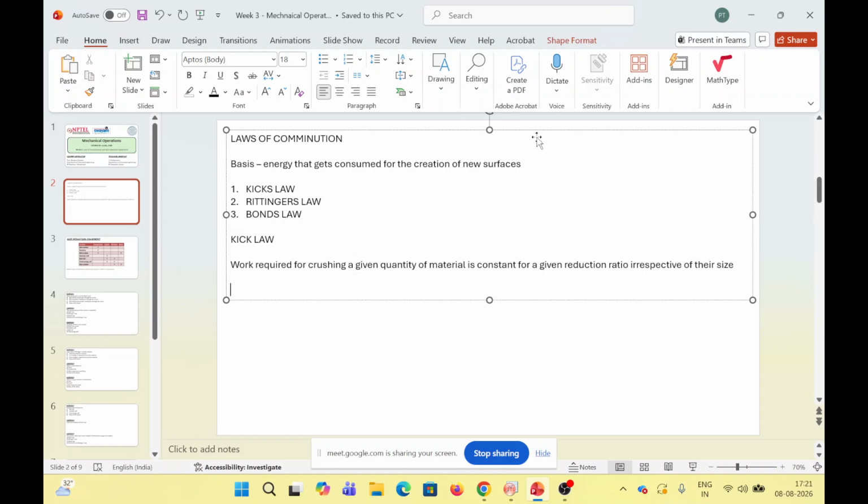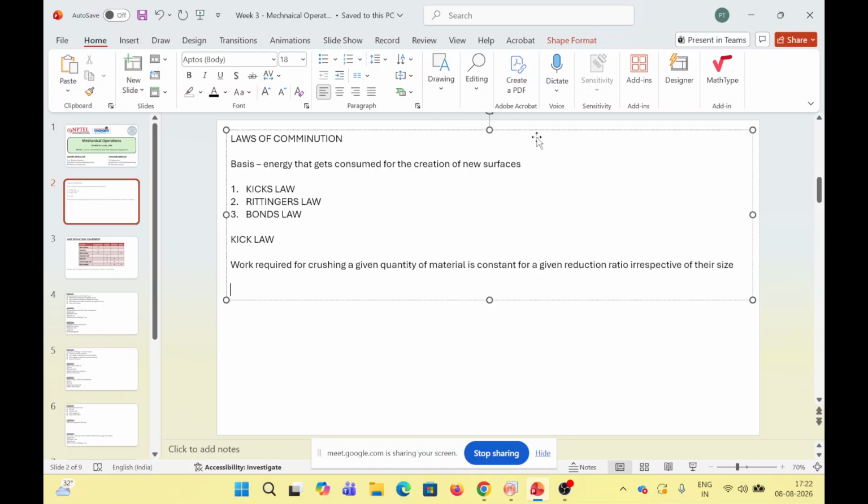So the amount of work, the energy that you supply to that material in the form of some work that you do on the material in order to crush it into smaller pieces, remains constant for a given reduction ratio, irrespective of the size.